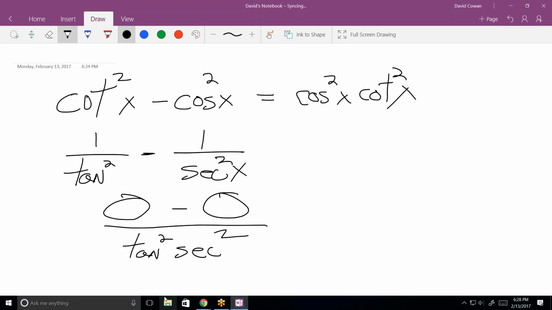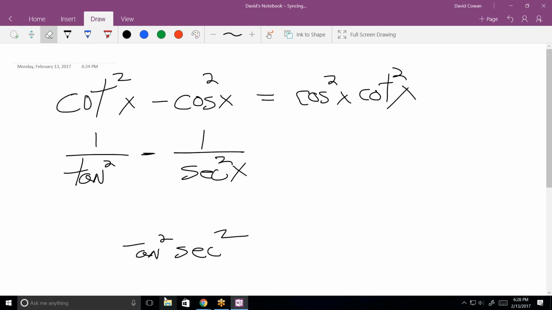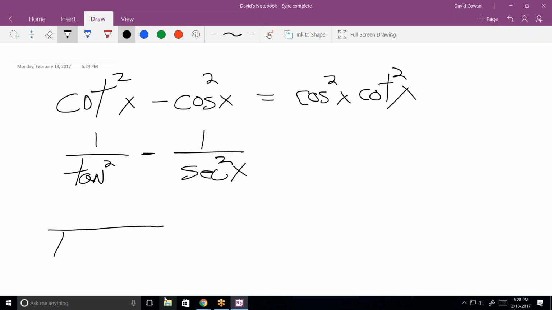1 minus 1? No. Remember, when you find a common denominator, you have to make, let me redo this here. When you're doing fractions, if I said what's 1/3 minus 1/4, well, the common denominator is 12, but what goes in the upper left is 4. In other words, let me rewrite this a little bit better.